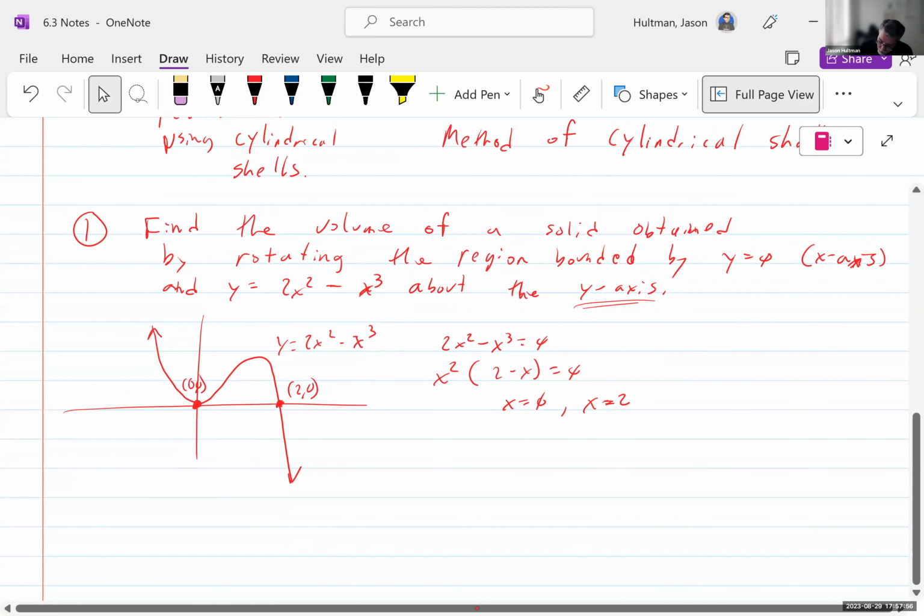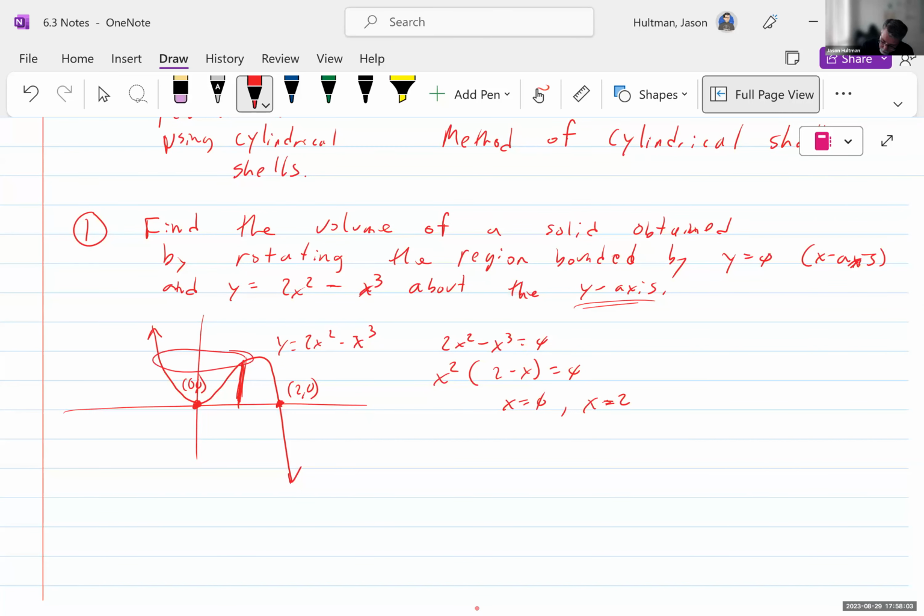Okay, so now I want to rotate this guy. I'm going to do a little slice here. I want to rotate this about the y-axis using cylindrical shells, those cylindrical surface areas. Our volume is going to be equal to 2 pi from 0 to 2 of x, because that's my radius.